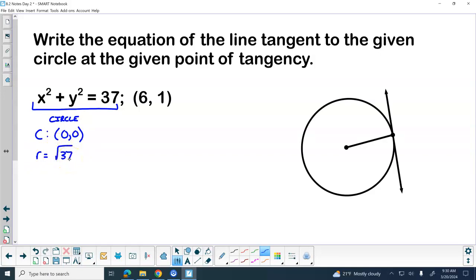Which means that this point right here is at the origin. This right here is my point of tangency, which means that this point right here is the point 6, 1.